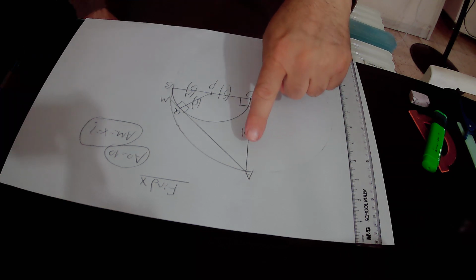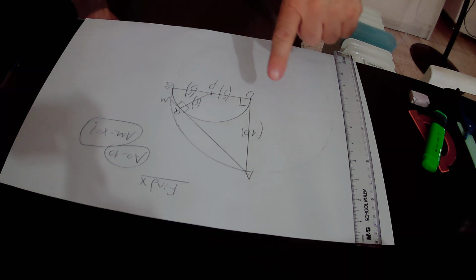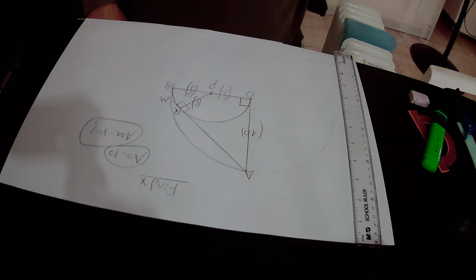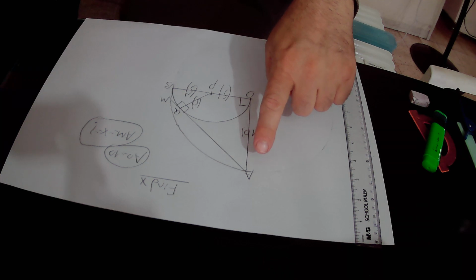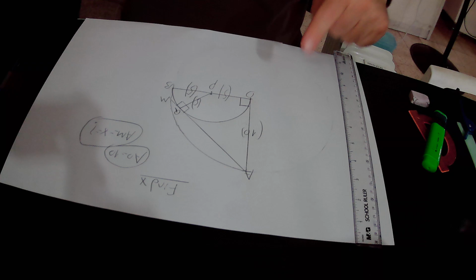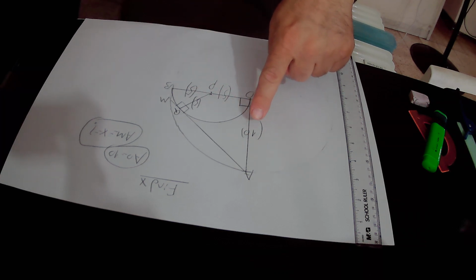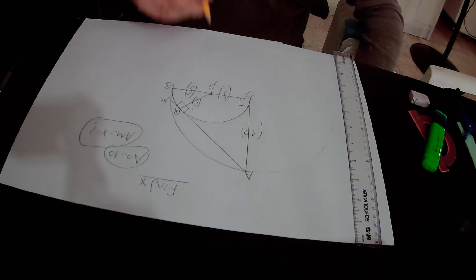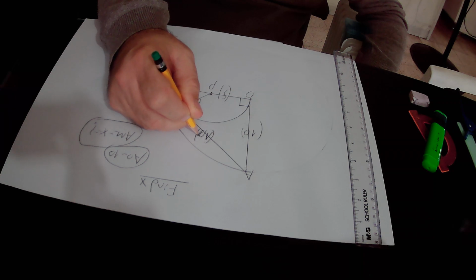And from point A, we have two tangents to this semicircle, tangent AO and tangent AQ. According to rule number 2, the lengths of two tangents from a common external point to a circle are equal. So from the common external point A, we have two tangents, tangent AO and tangent AQ, and according to rule number 2, they must be equal to each other. That is to say, AO equals AQ. But AO is 10, therefore AQ must also be equal to 10 units in its length.